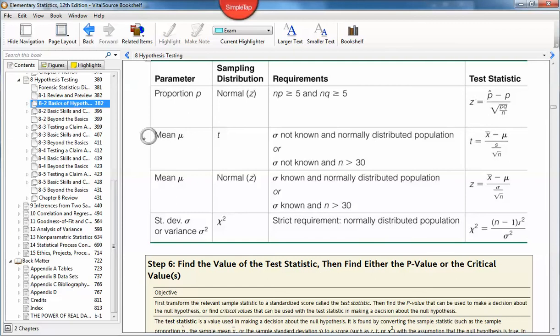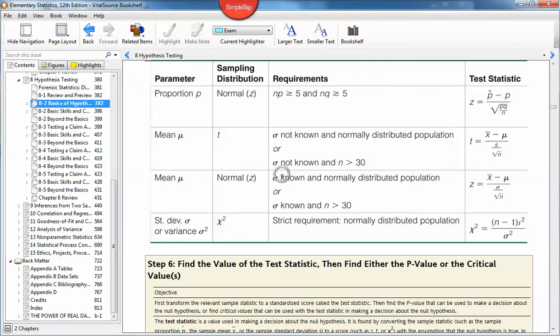When we started talking about mean, there were two options. Either we know the standard deviation of the population or we don't. If we don't, then it's a T distribution, so use this formula for your test statistic.